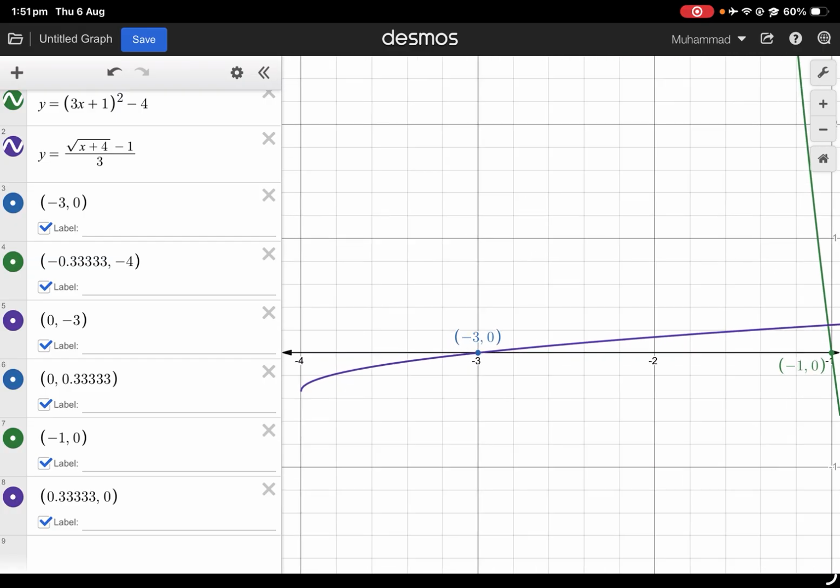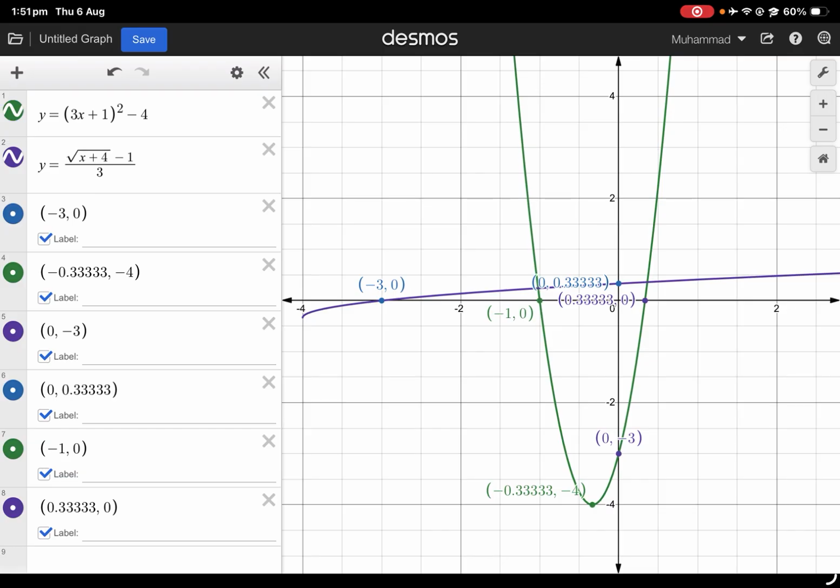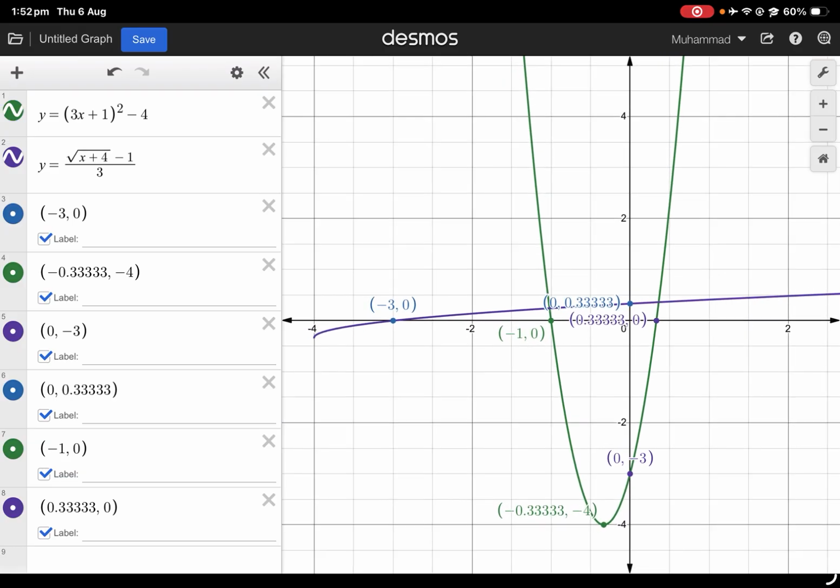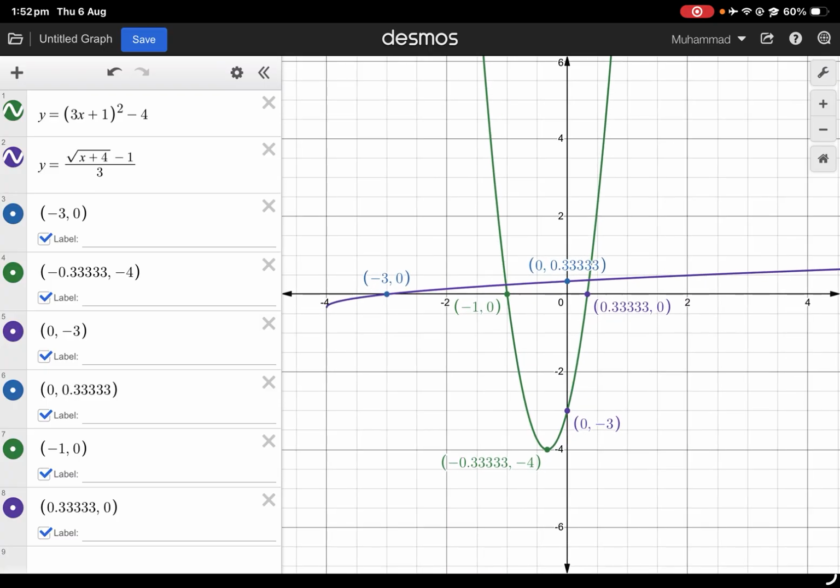I haven't put the intersection points, but this is what it's supposed to look like.